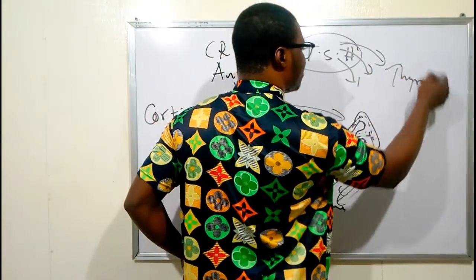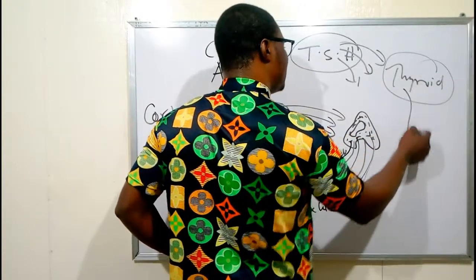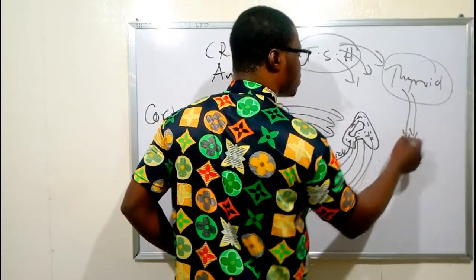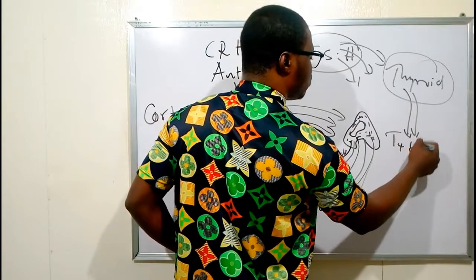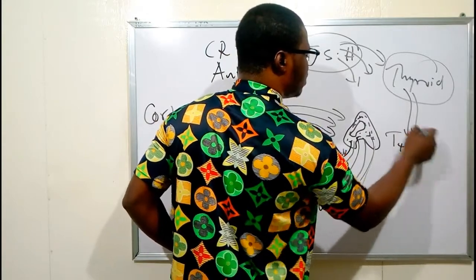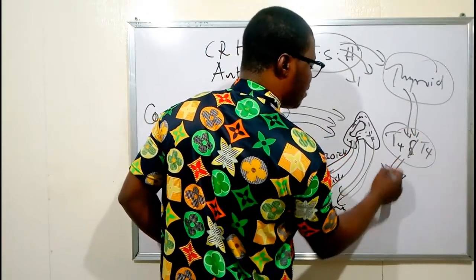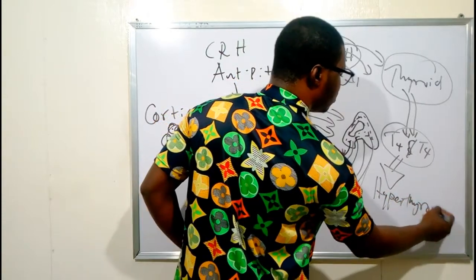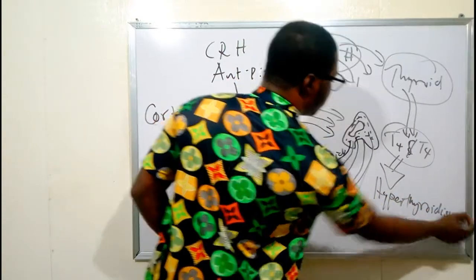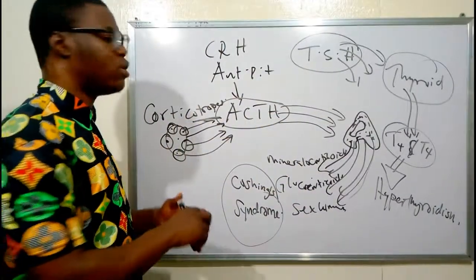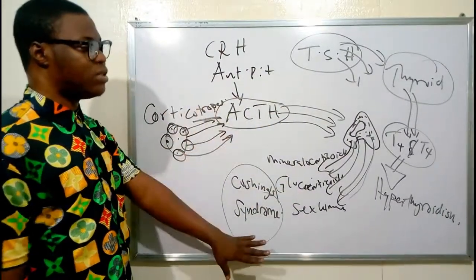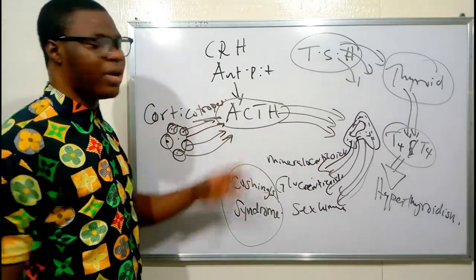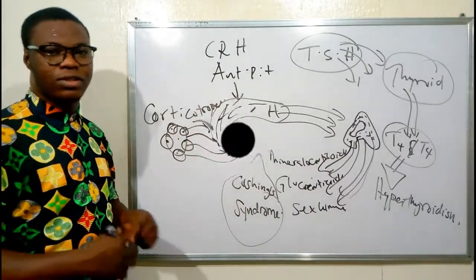And when it acts on the thyroid gland, it will increase the secretion of what? Of T3 and T4. So this condition is called hyperthyroidism. And that is that on hyperpituitarism. So let me clean the board and come back with a recap. Stay tuned.